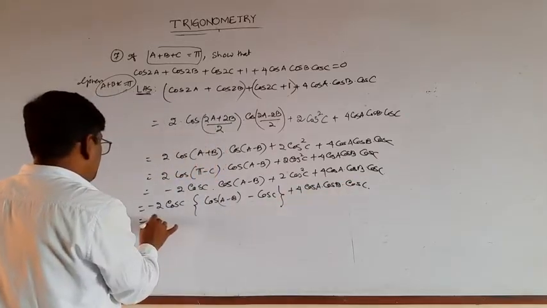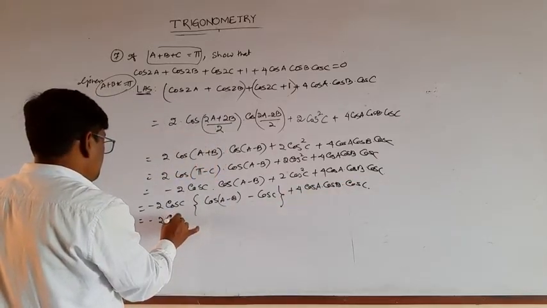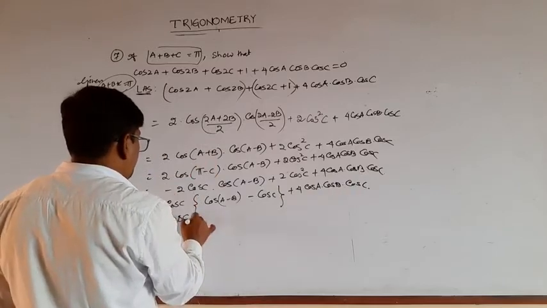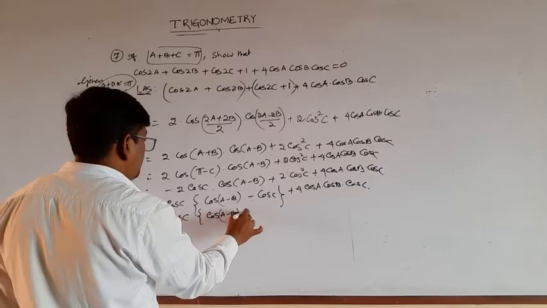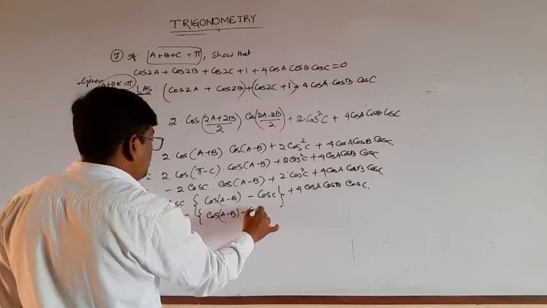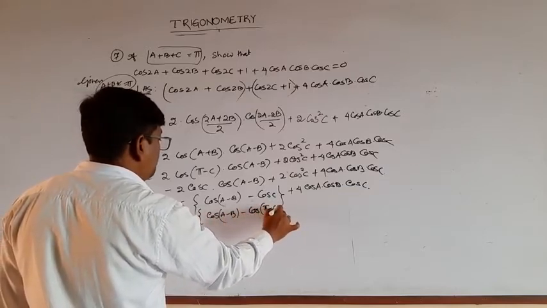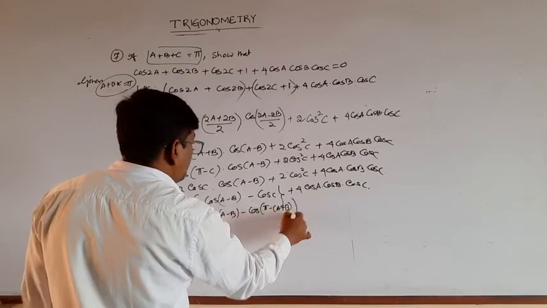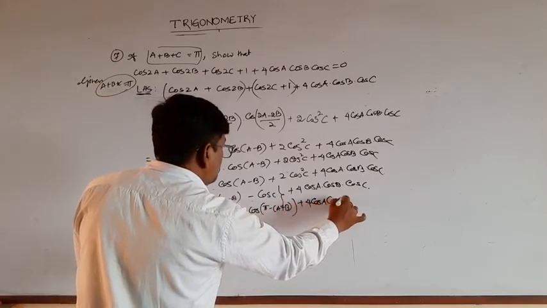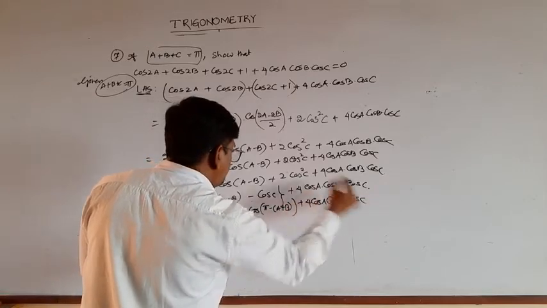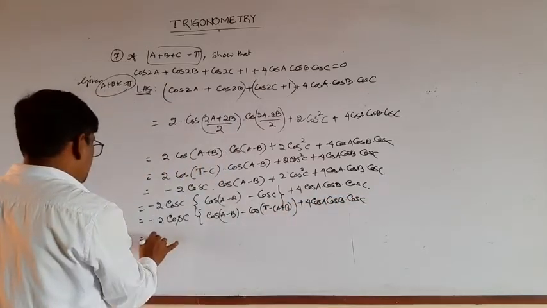Now this is minus 2 cos c into cos (a minus b) minus cos of pi minus (a plus b), plus 4 cos a into cos b into cos c.